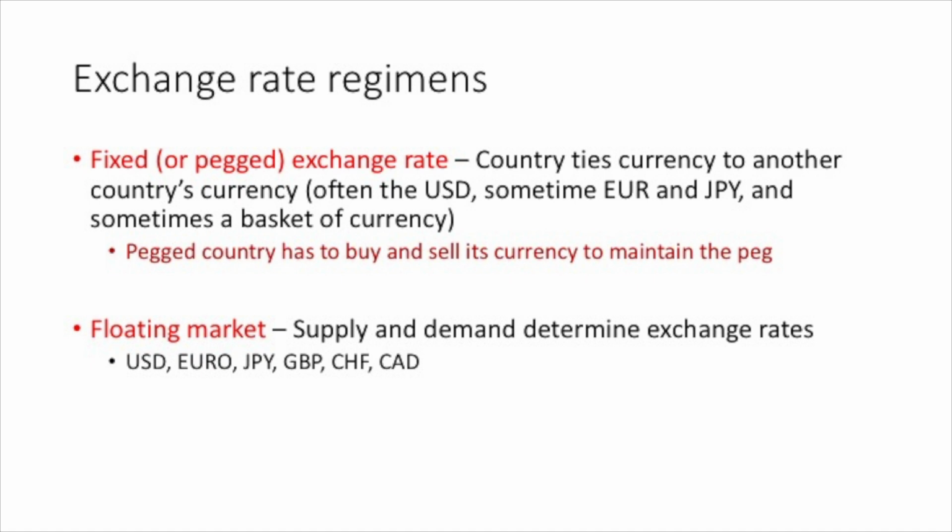The country that's trying to peg will say we want our exchange rate to be, for example, 0.64. They will then take actions to cause that exchange rate to stay in that 0.64 area. The other way is to have the floating market determine that exchange rate, and most major currencies are set by supply and demand conditions. That is, the country allows the market to determine the exchange rate.